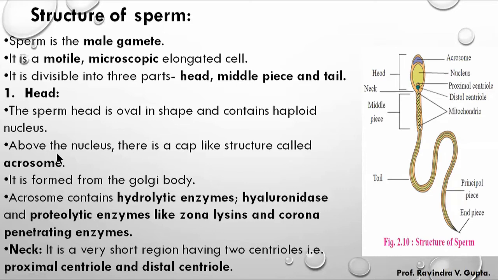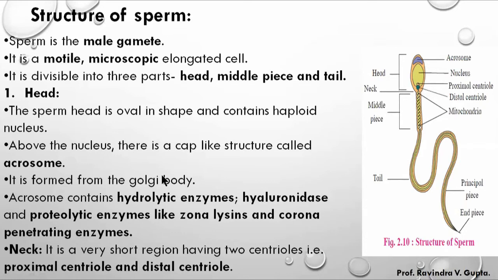So the sperm contains a haploid nucleus. Above the nucleus there is a cap-like structure called the acrosome. You can see in this diagram, on the upper side of the nucleus, there is a cap-like structure called the acrosome.